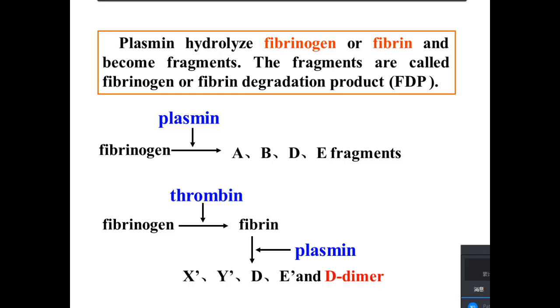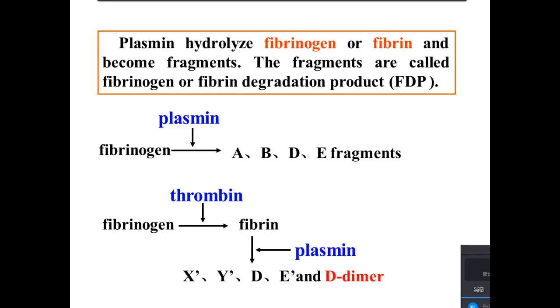Now the second pathway, fibrin. How is fibrin formed? Fibrinogen forms fibrin. What leads fibrinogen to form fibrin? Thrombin. Now the second pathway: first which increases? Thrombin increases, and next plasmin increases. So in the second pathway, which system is stimulated first, and which next? First the coagulation system is stimulated, so thrombin increases, and next the fibrinolytic system is stimulated, plasmin increases.